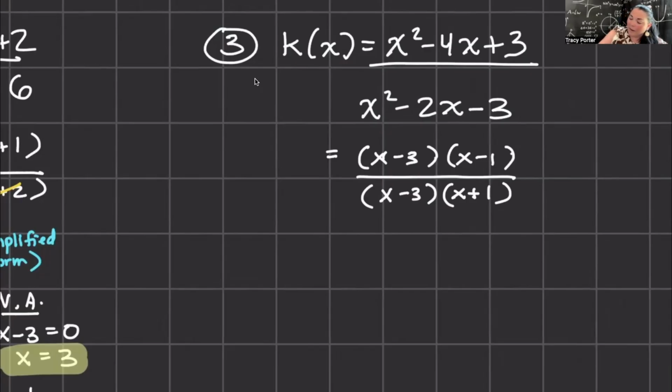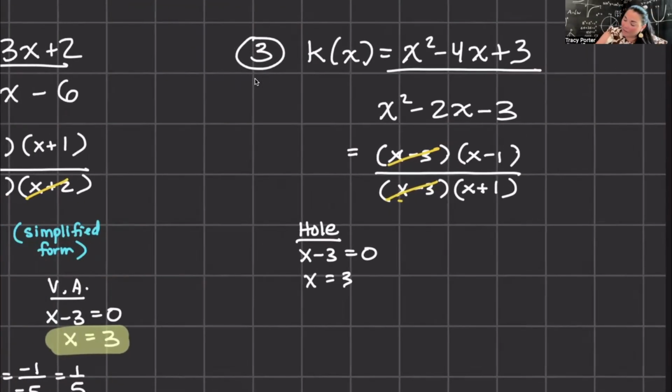And now we have a common factor again. Okay, x minus 3 is a common factor. So the hole happens when x minus 3 equals 0. And so that's going to happen when x is 3. And then the vertical asymptote is going to be when x plus 1 equals 0. And that's going to be when x is negative 1.